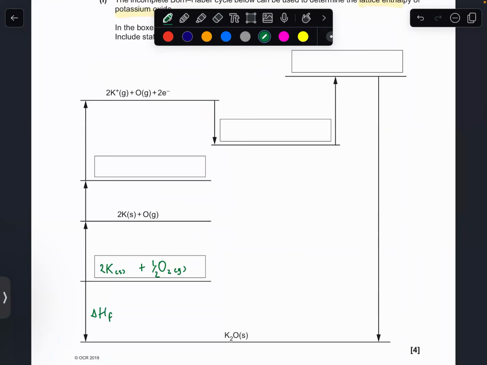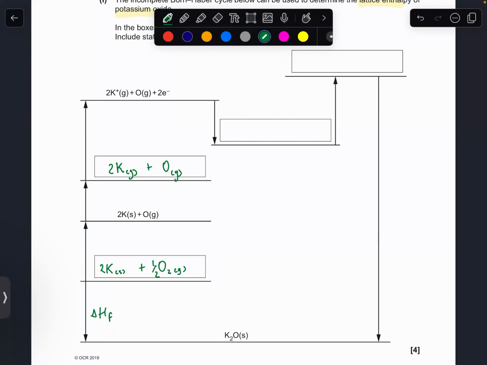As you can see, the first step there must be atomization. From here to here must be atomization. So you'll get 2K, but the only difference is the state symbols. Everything else stays the same. The oxygen has already been atomized.